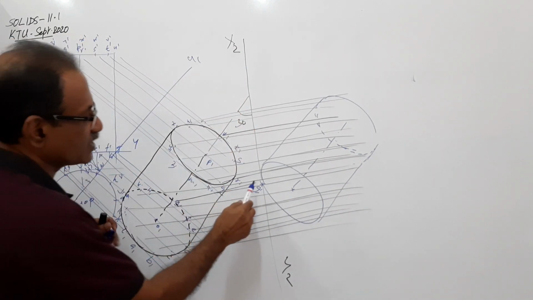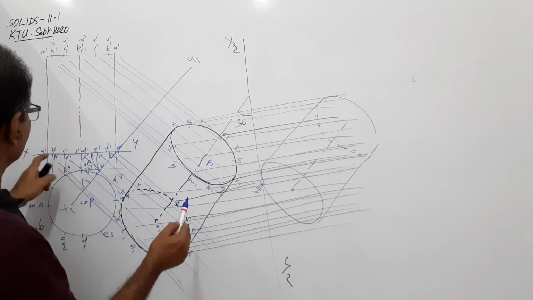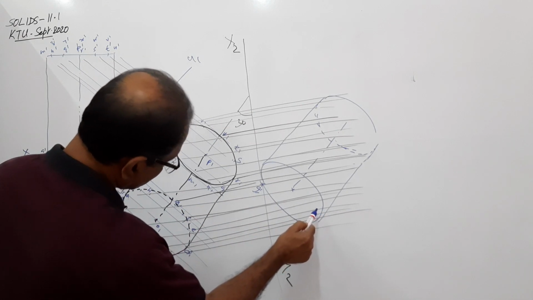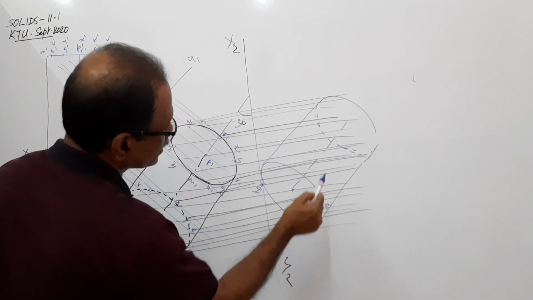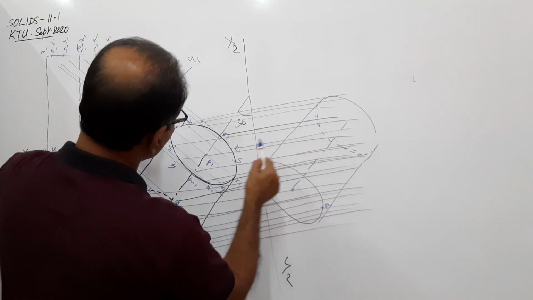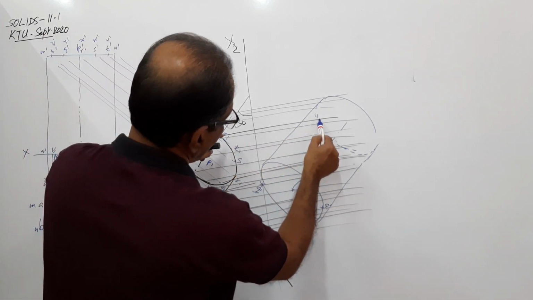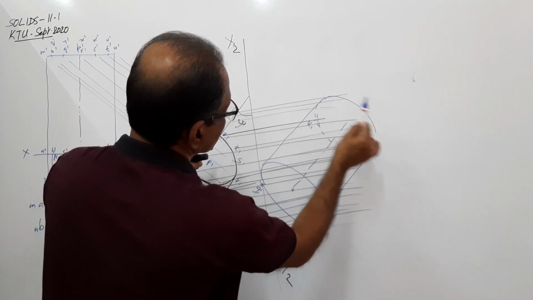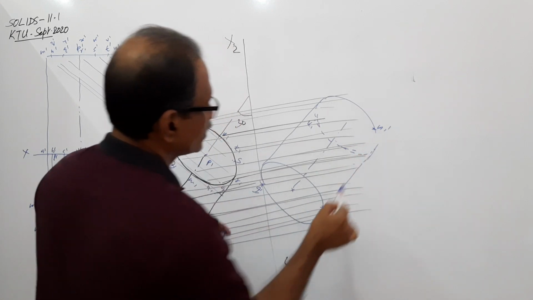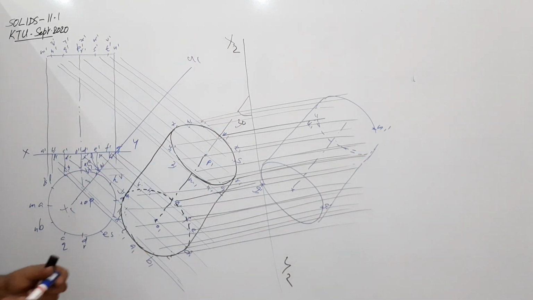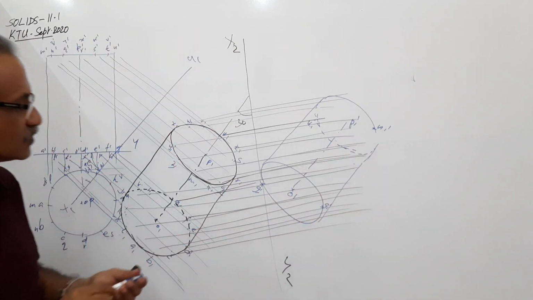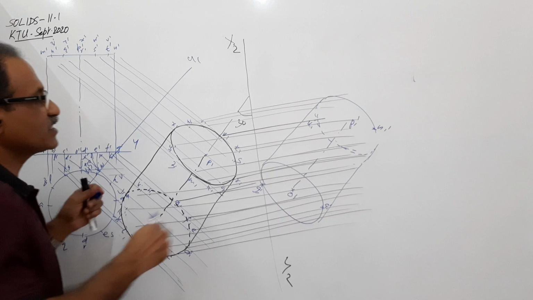This will be G1 dash, and this will be A1 dash. This will be U1 dash, and somewhere here you will have the topmost point, which you call M1. This is O1 dash, P1 dash. That is the final elevation.